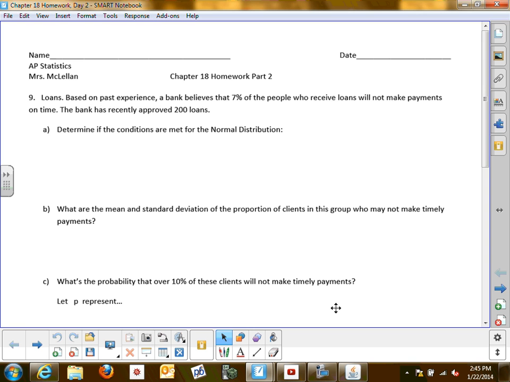All right. So let's determine if the conditions are met for this to be considered behaving normally, or a normal distribution. I want you to tell me if it's behaving normally. This is for you to remember the 3 conditions. So what's the first condition we are checking? Okay. So, question.